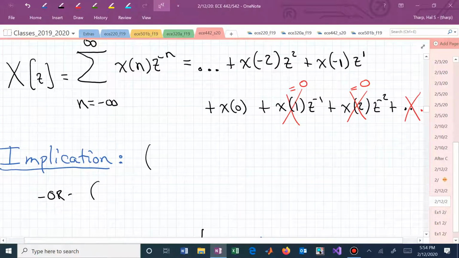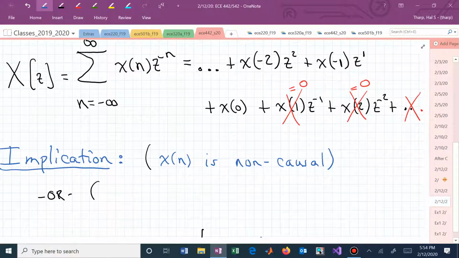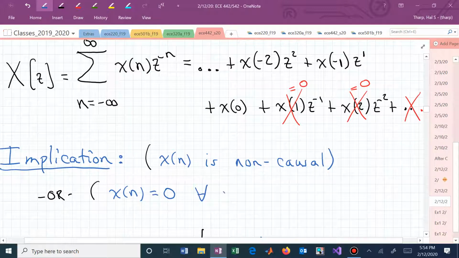Or the implication then is that little x of n is the opposite of causal, or it's non-causal. This is now non-causal, meaning it's non-zero for values of n that are negative. Or you could say x of n is equal to 0 for all n bigger than 0.